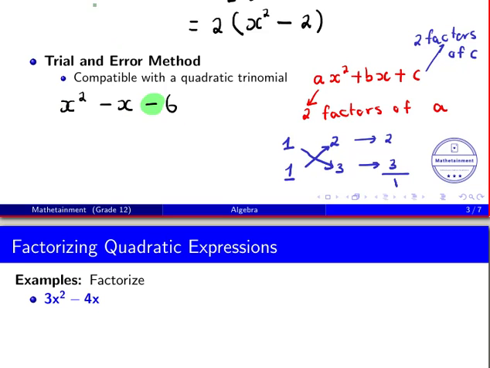So now I want to collect my factors. This is how you collect your factors. They go like this. 1 goes with 2 as I'm circling them like that, and 1 goes with 3 as I'm circling them like that.